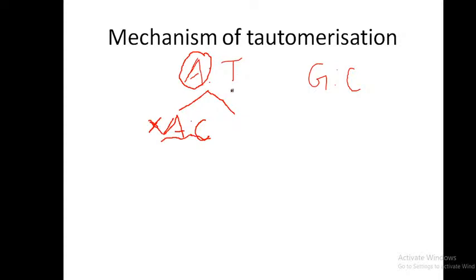And here this thymine will normally pair with adenine. So this is a normal one; nothing has happened to this part. What happens exactly? We can write it with the help of a parent DNA strand.